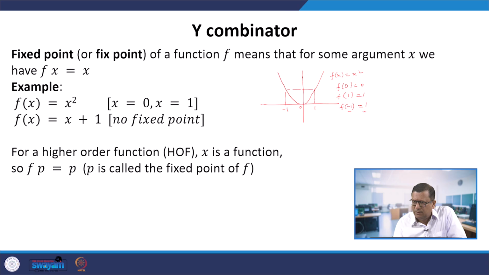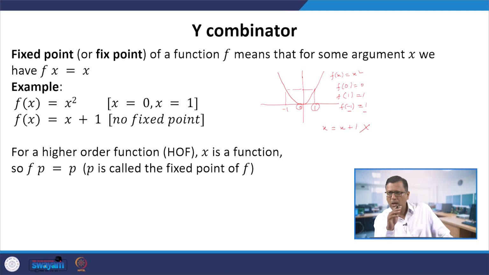So minus 1 is not a fixed point, but 1 and 0 are fixed points for this function. However, if fx is x plus 1, we would need x equal to x plus 1. This is not possible, so there is no fixed point for this function.